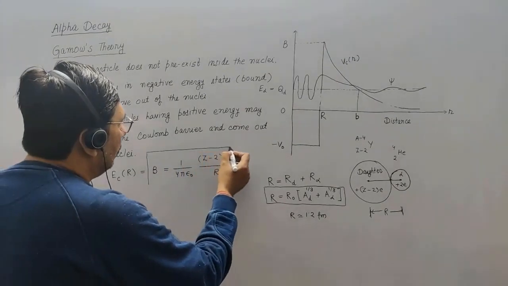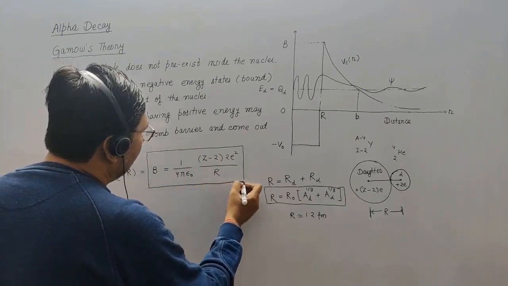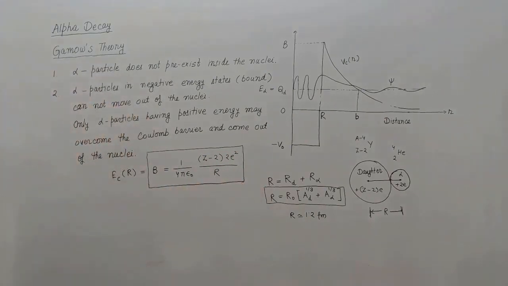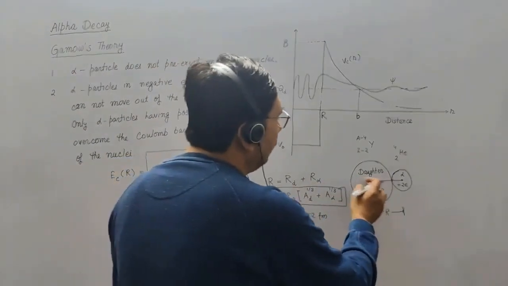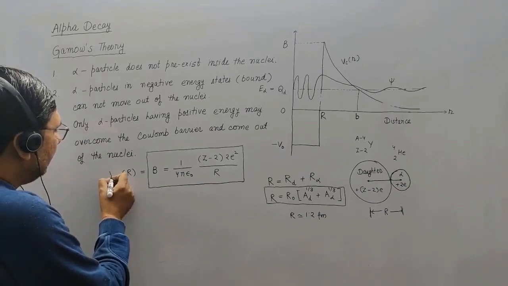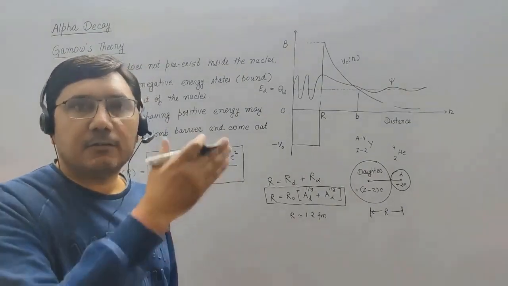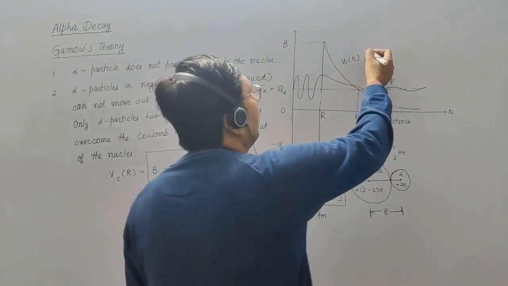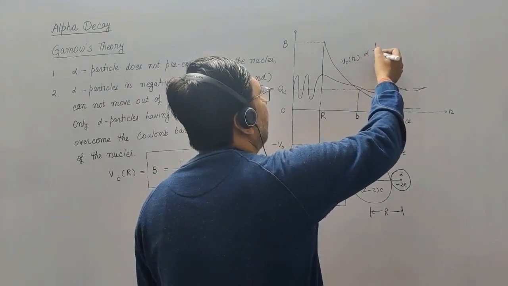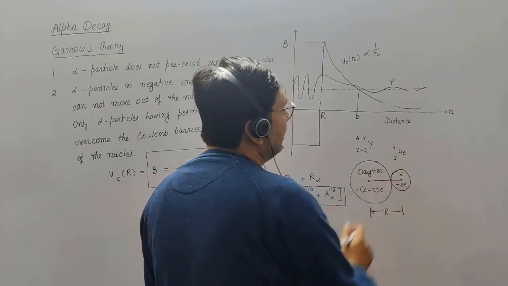Alpha particle has to cross this Coulomb barrier potential. As the separation between the deuteron nuclei and this alpha particle is increasing, automatically this Coulomb potential is going to decrease, because it is proportional to 1 by r, the separation between the centers of deuteron nuclei and alpha particle.